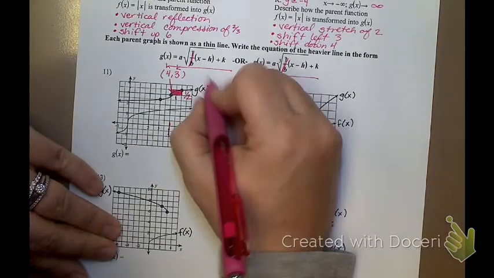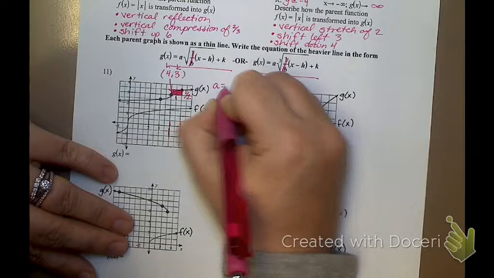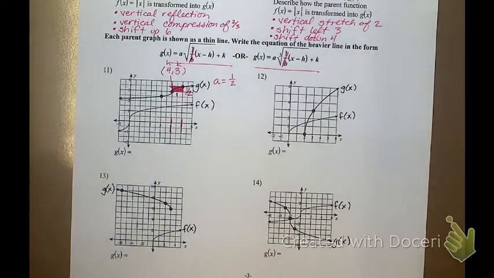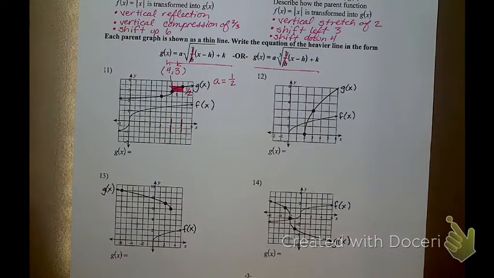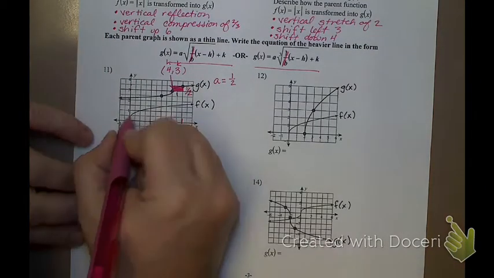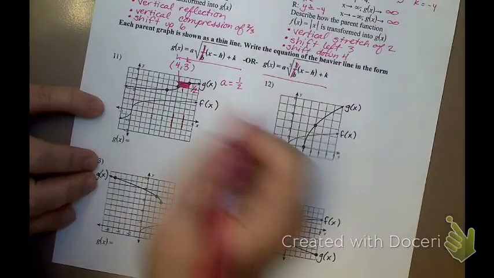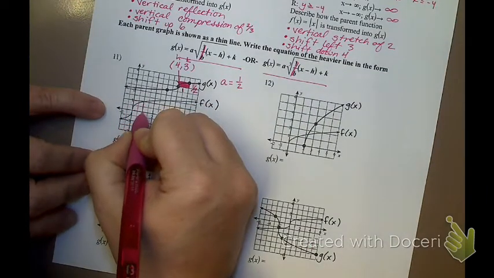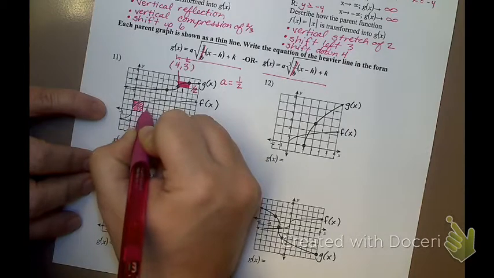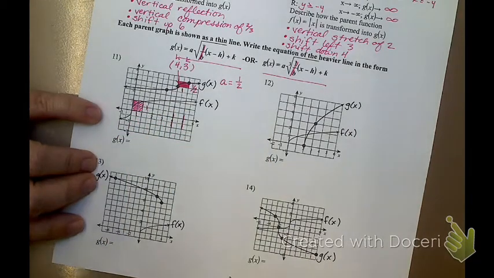What does that tell me? That tells me that my a value is 1/2. The dimensions of the box, whatever's not 1 by 1, gives you your a value. And the reason why it has to be 1 by 1 is because in your parent function, that box is always 1 by 1. So we're looking for how it's changed.